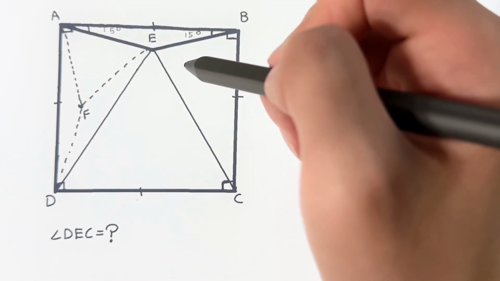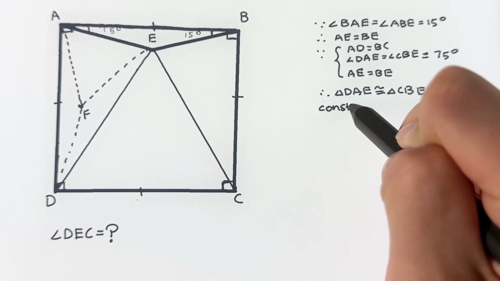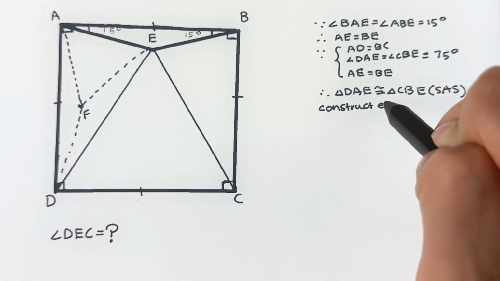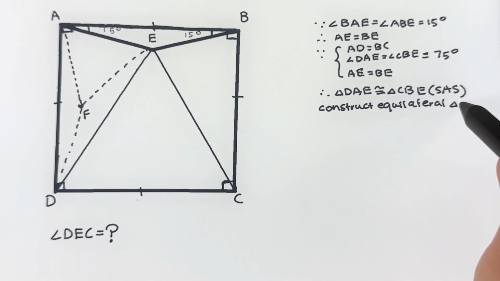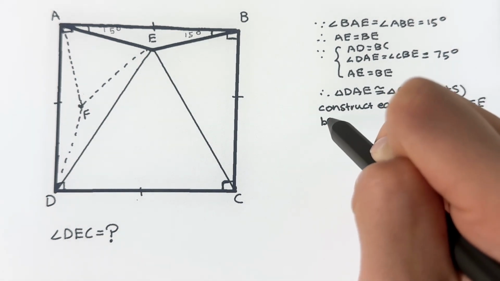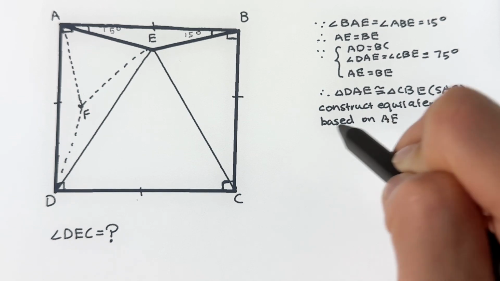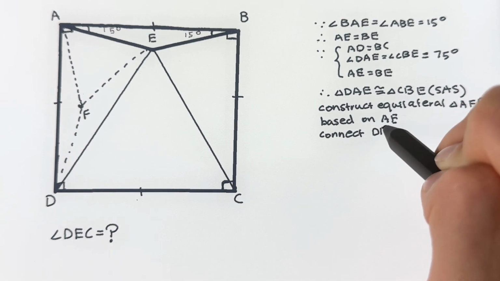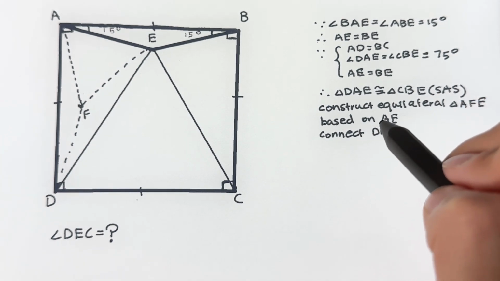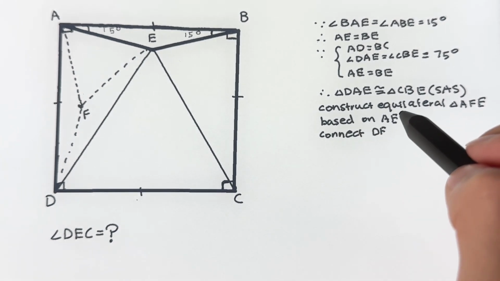So first we constructed equilateral triangle AFE based on AE. Then we connected DF. So first of all, once again, we seem to have constructed some congruent triangles.